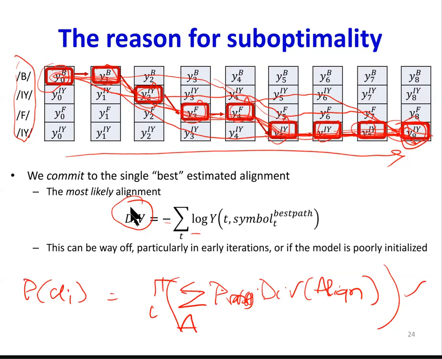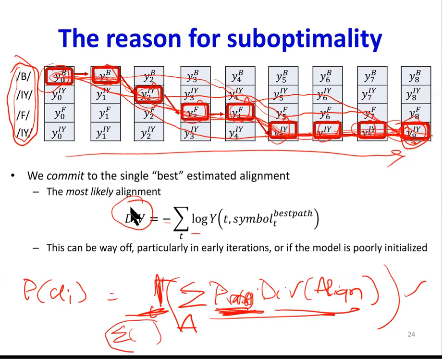It turns out that that is going to be the probability of the symbol sequence as computed by the model, right? And so when I just weight the divergence by the probability over here, that's not really a weighted sum. So I'm going to have to divide on the outside by the sum of the probabilities of all the alignments. The sum of the probabilities of all the alignments is going to give me the total probability of the sequence.